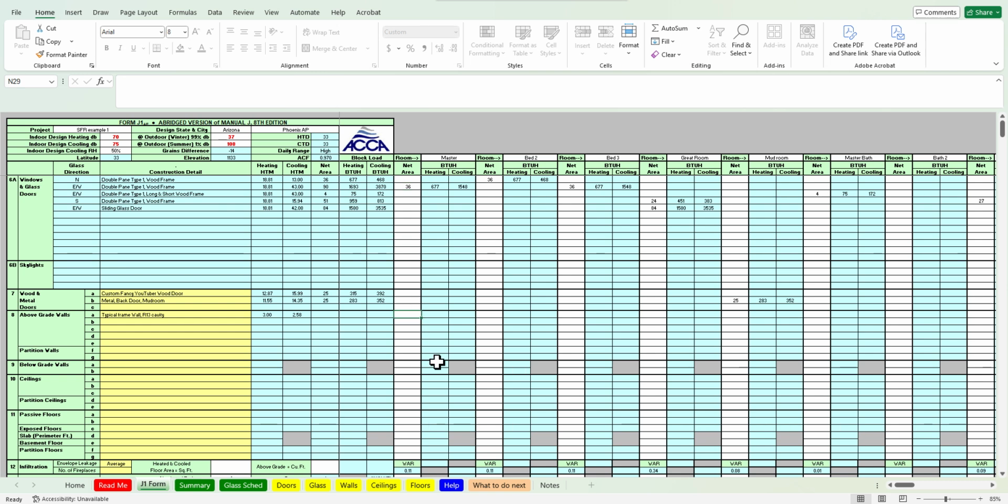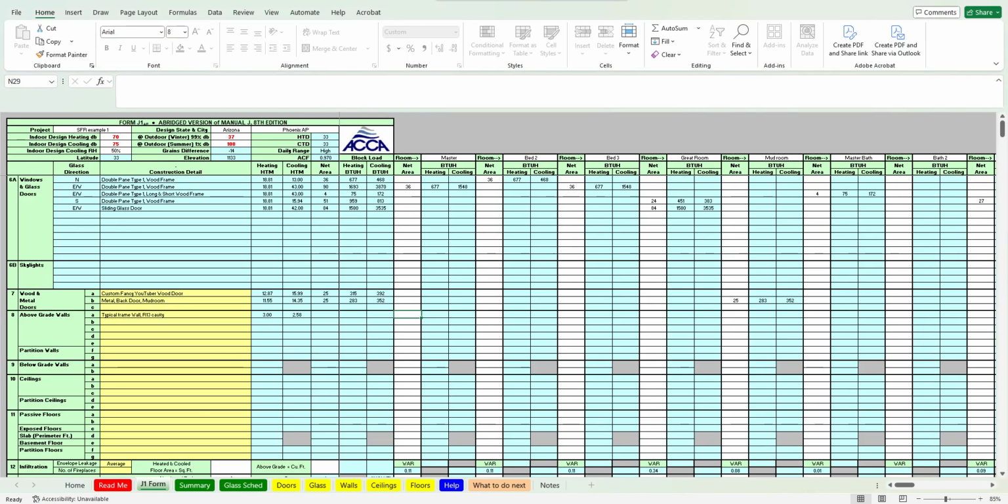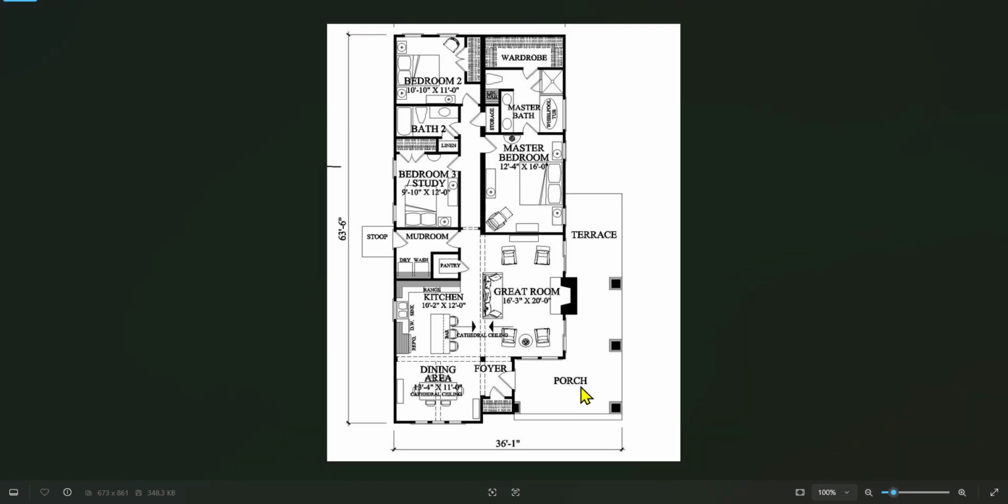Let's start with the master bedroom. Looking at the master bedroom, we've got one long exterior wall.